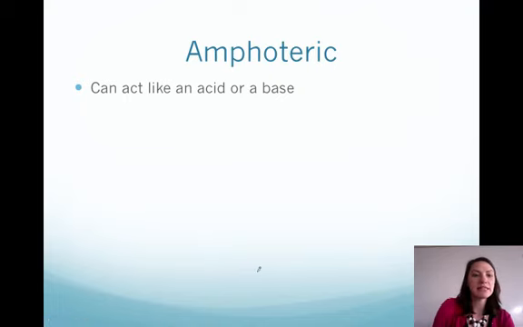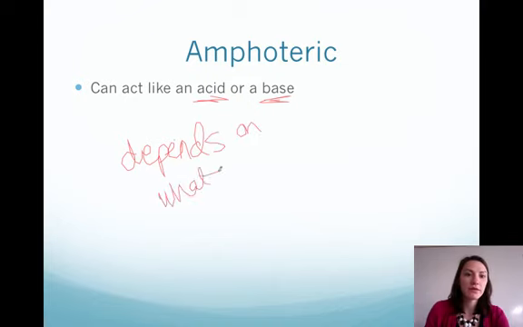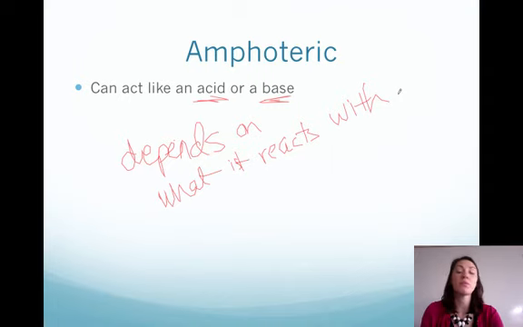Okay? So it basically says that water can act like an acid or like a base, and it depends on what it's in a solution with. So it depends on what it reacts with, what it's combined with. It can act like an acid sometimes, or it can act like a base sometimes. That's called amphoteric.